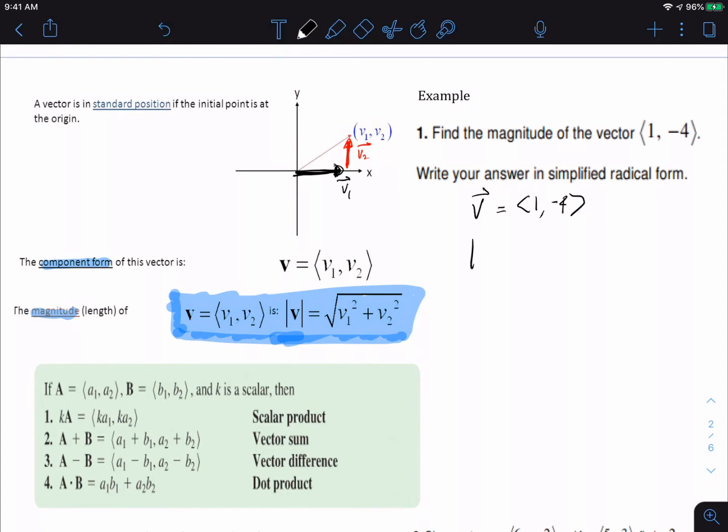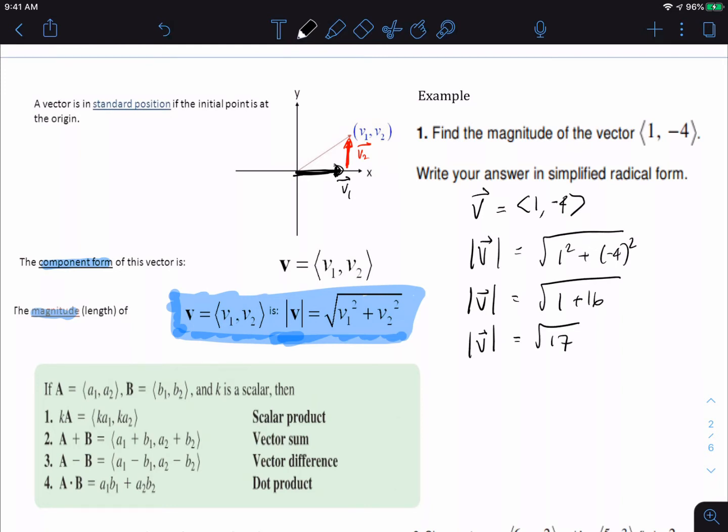So the magnitude, and I'll just do it as an absolute value, is going to be 1 squared plus negative 4 squared, which is going to give me 1 plus 16. And my magnitude is going to be the square root of 17 units. That is how we find magnitude. Okay?